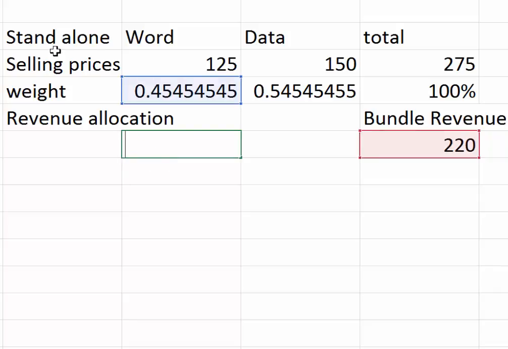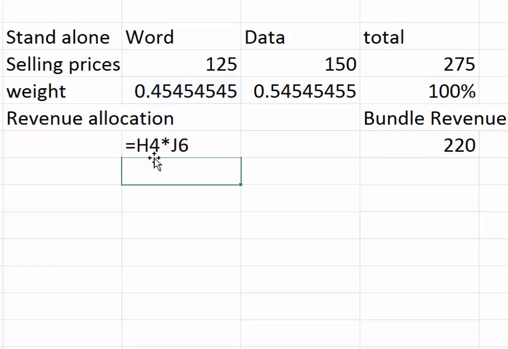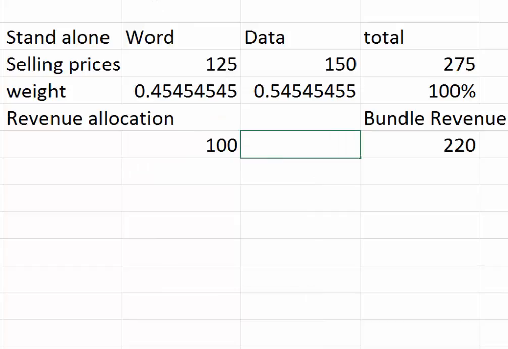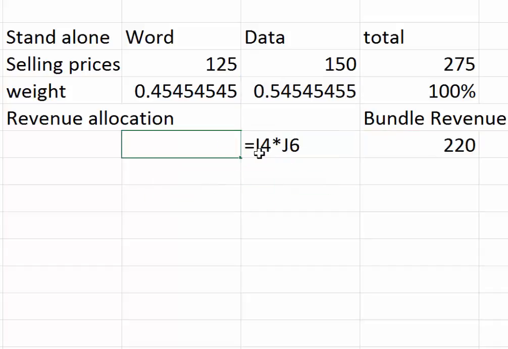Sorry, let me repeat the calculation. It's going to be this number multiplied by the 220, which should give me 100. For the next one, it's going to be this number multiplied by 220. I think there's something incorrect here, so I have to be more careful with my calculation.